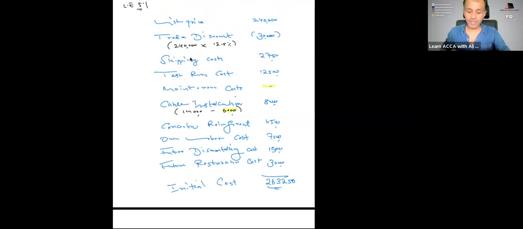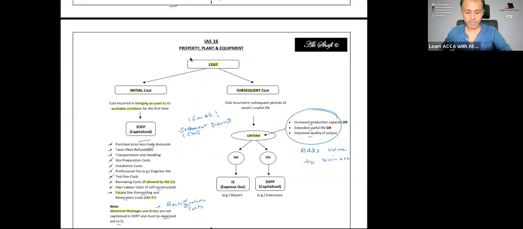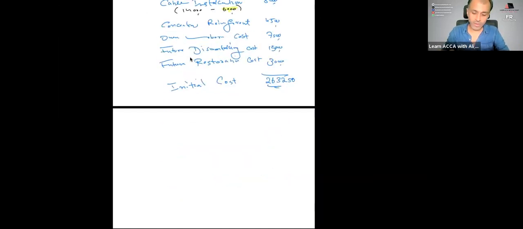It's not just about finding the total, because you can find the total in a few seconds, but as long as you have taken all components or skipped those you're not supposed to take, this is the cost which is going to be capitalized.